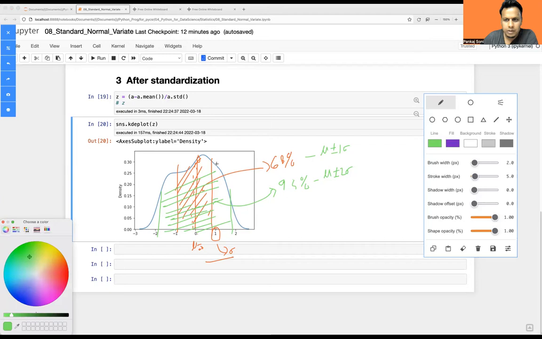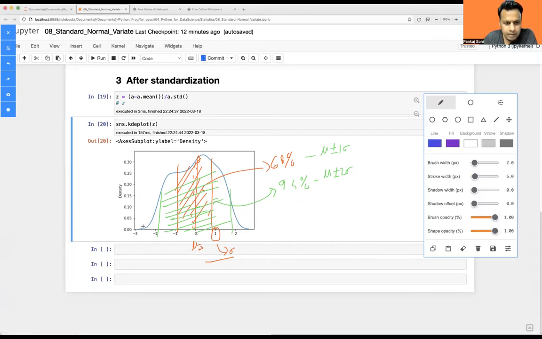And now if you are going to talk about further, here, let's say this was 3, right? So from here to here, 99.7% data is falling between mu plus minus 3 sigma.